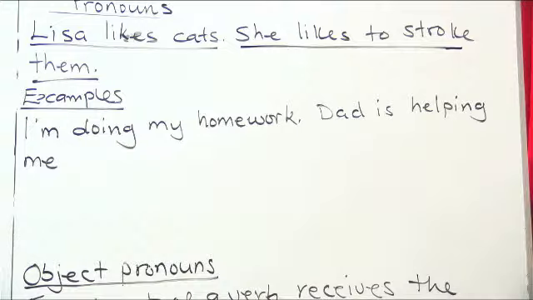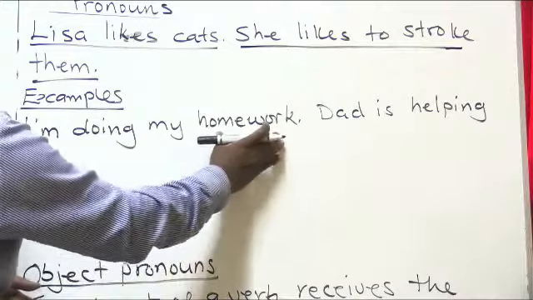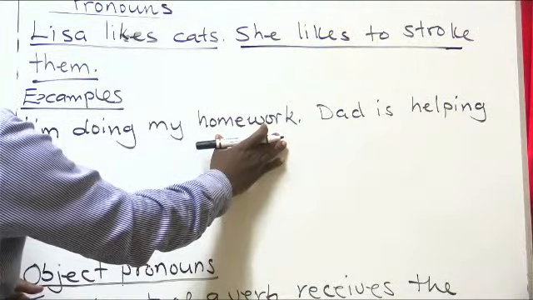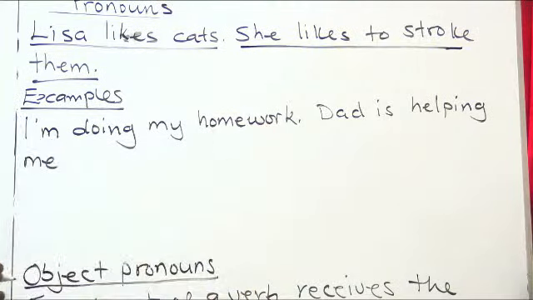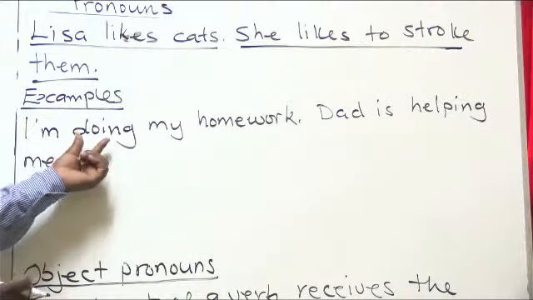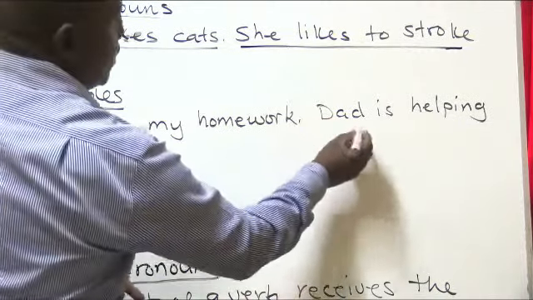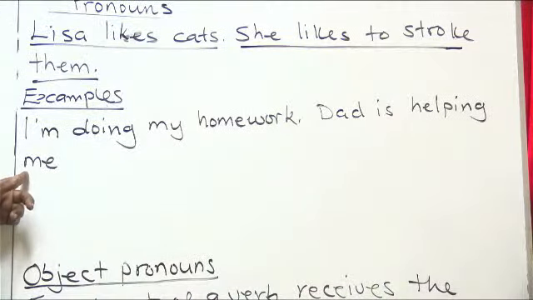Okay, so here our object is homework, and the verb is what? Doing. Then in our second sentence, our object is me. Okay, that is our object.